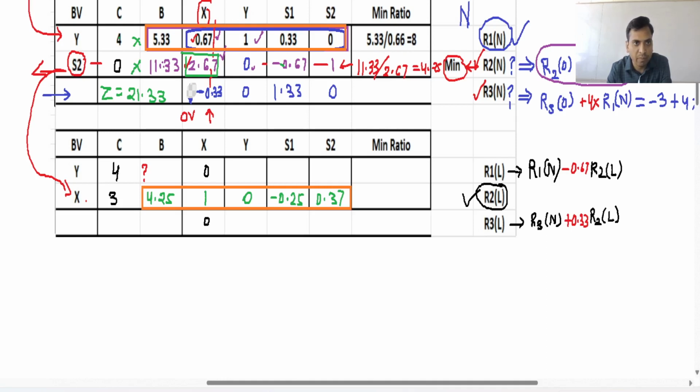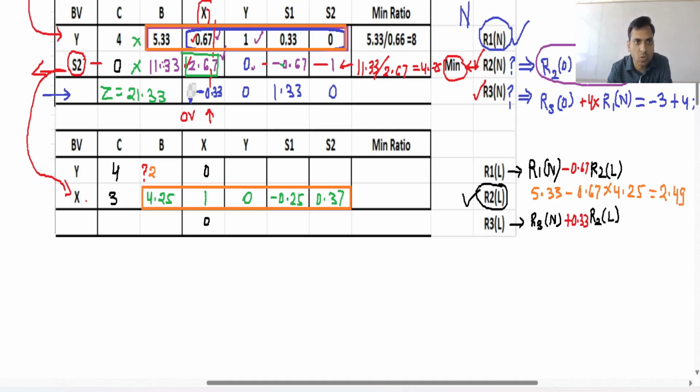So R1 new value, meaning previous value. So the previous value of R1 is 5.33 minus 0.67 times its new, which is 4.25. So for this 4.25 and this, you will see this value as 2.49 something.